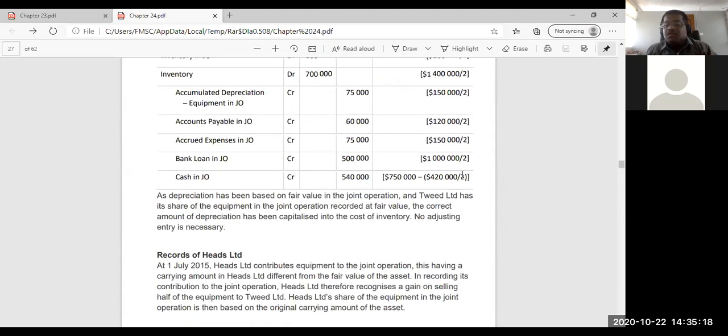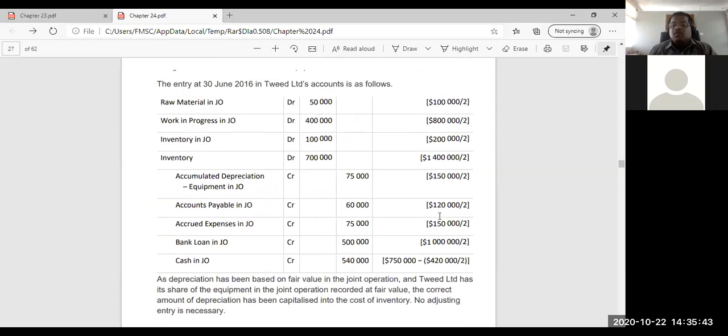That's why we take 50% and reduce it from that. So your net ownership would be 540. Because this asset is there in the books, you take 50%. You credit 540. That is the idea.